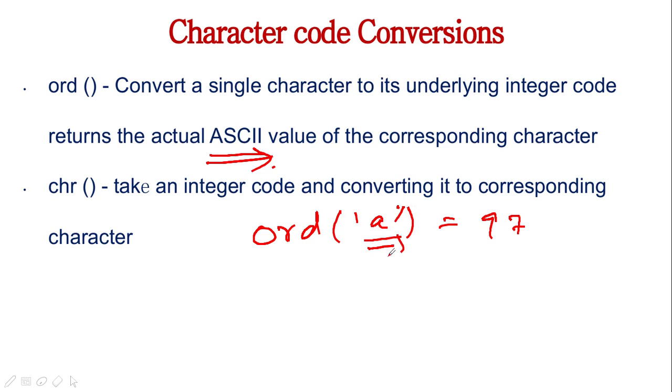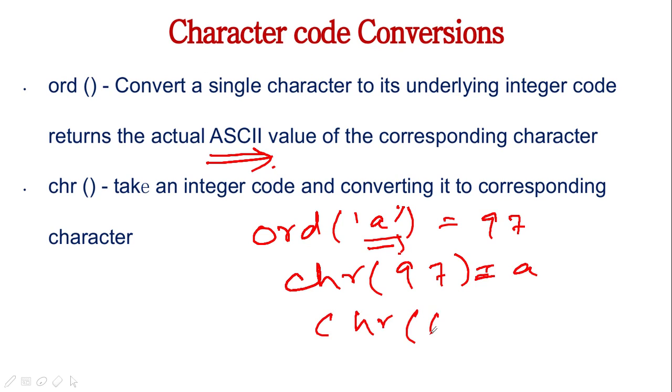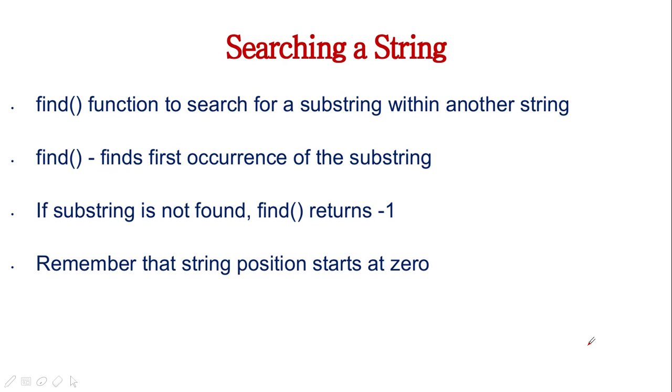If you want to know the ASCII value of a particular character, you can use this ord function, and the chr function takes an integer and gives the corresponding character. For example, chr of 97 gives a, and chr of 66 gives capital B, and so on.